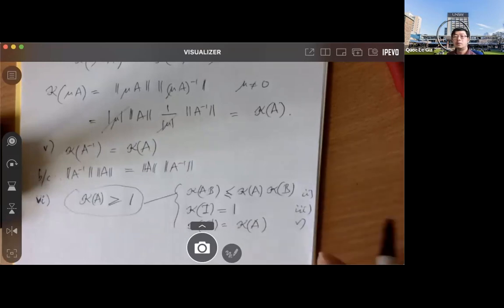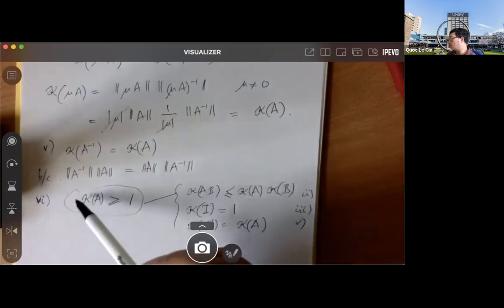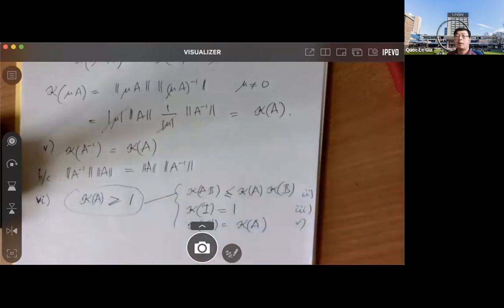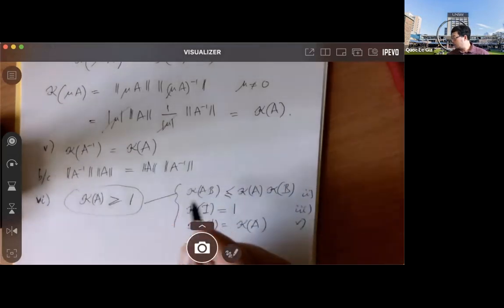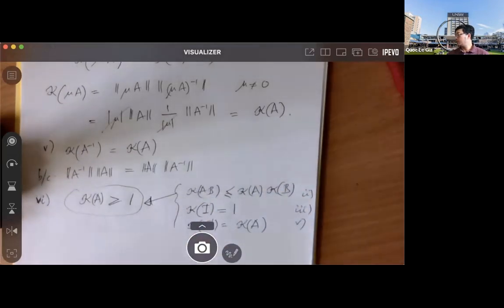So how do you use those 3 properties to show that the condition number of a matrix is greater or equal to 1? Anyone? You can prove it directly, but it's a bit tough. The hint is you just use those three properties, then you can make a conclusion. Any guess? How do you use those 3 properties to prove the last property?